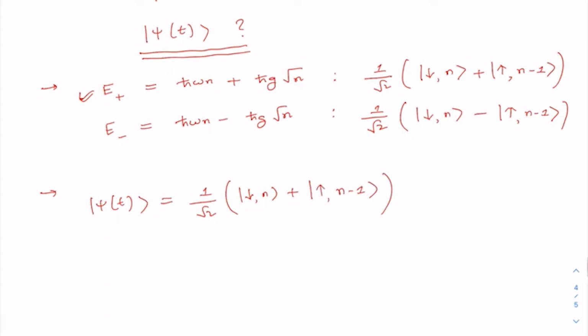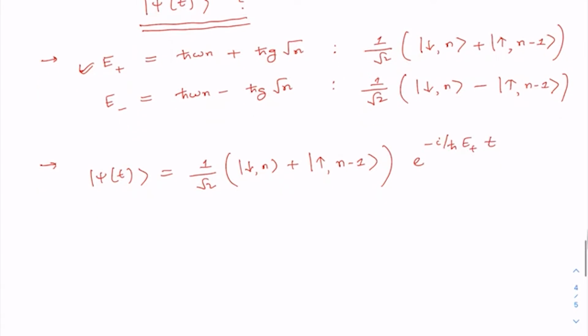This is one of the eigenstates of the system, and the energy eigenvalue is E plus. So as the state evolves, this is one part of the evolution, and the other one is 1 by root 2 of the antisymmetric superposition of these two states, and this would be e to the power plus i by ħ E minus t.